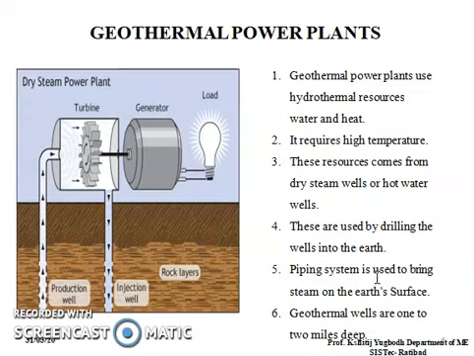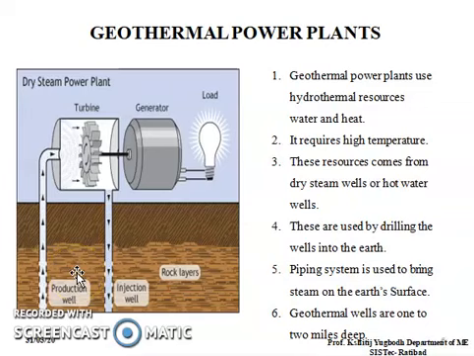Here we are discussing the second method, and that is indirect use of geothermal energy. So we are discussing geothermal power plants. In this diagram we can see a geothermal power plant. It uses hydrothermal resources like water and heat. It requires high temperature.